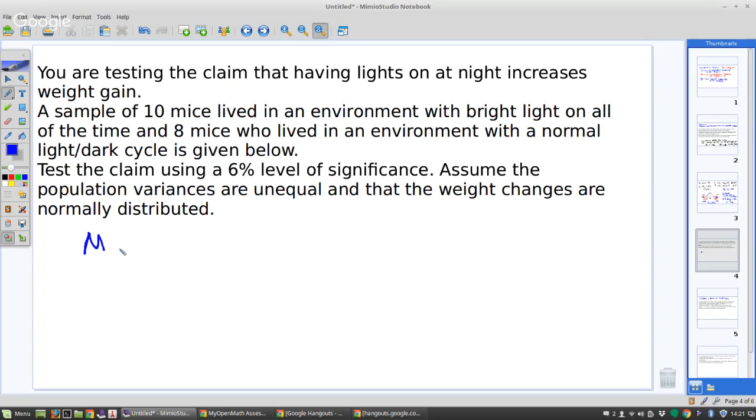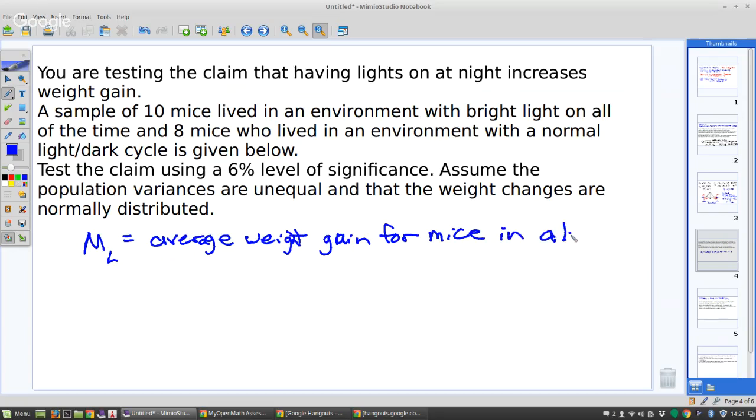Mu of the light mice. So this would be average weight gain for mice in always lit environments.